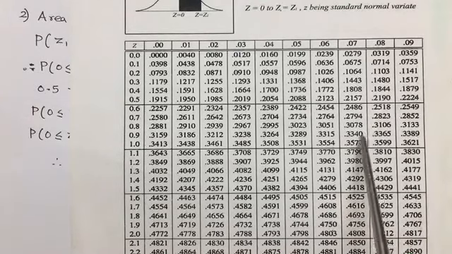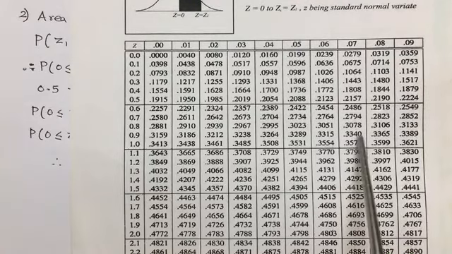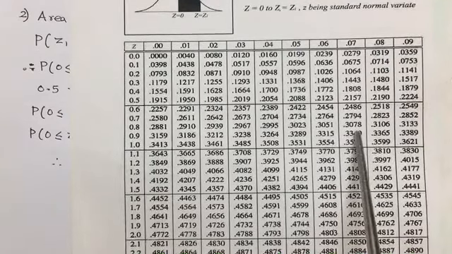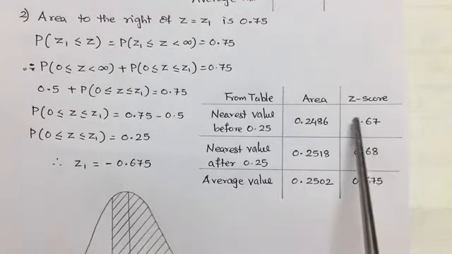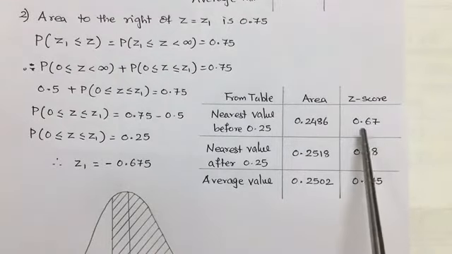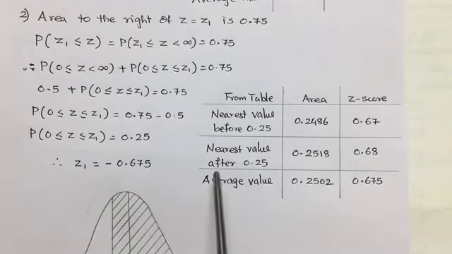So taking the average of it, we keep it in this table. The nearest value before 0.25 is 0.2486 and the Z score we calculated is 0.67.